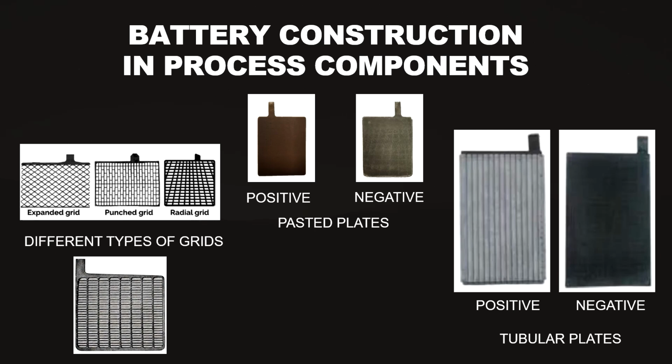You have the positive plate pasted and the negative plate pasted and formed in the center of the slide. When I say formed, I mean they are already charged. After the pasting, a current is passed and these plates are already charged, which means they are formed from lead sulfate to PbO2 in the case of positives and lead sulfate to negative Pb in the case of negatives.